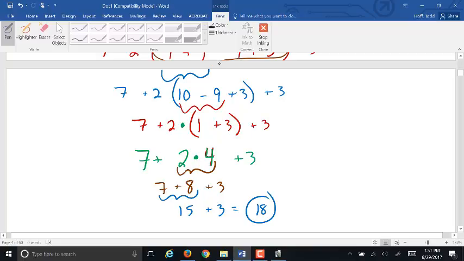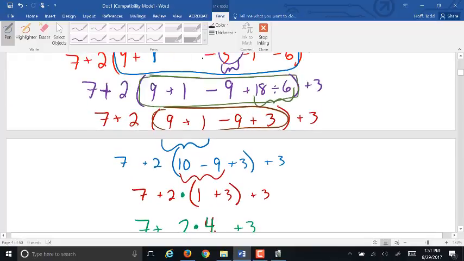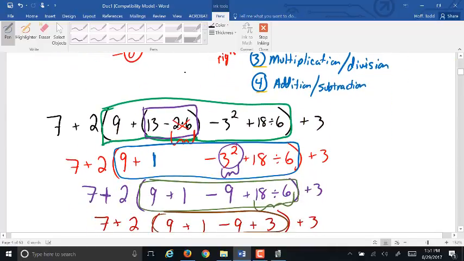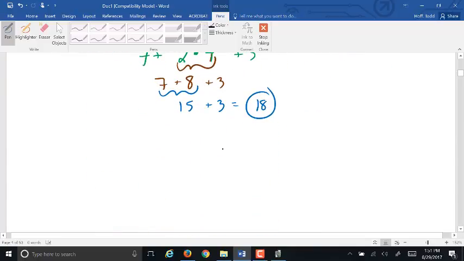Any questions? Yes. Well, it's minus 3 squared. So you've got to be careful with that. There's a difference between 7 minus 3 squared and a negative 3 squared.